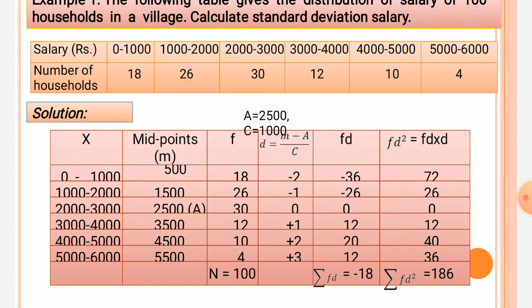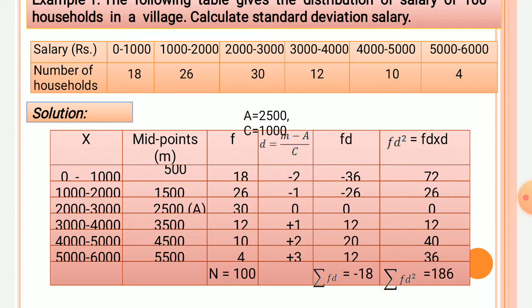So 500 minus 2500 divided by 1000 is minus 2. 1500 minus 2500 divided by 1000 is minus 1. 2500 minus 2500 divided by 1000 is 0. 3500 minus 2500 divided by 1000 is plus 1. Like that, plus 2, plus 3.